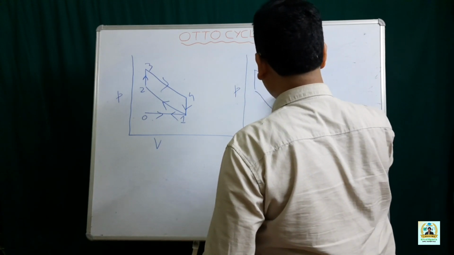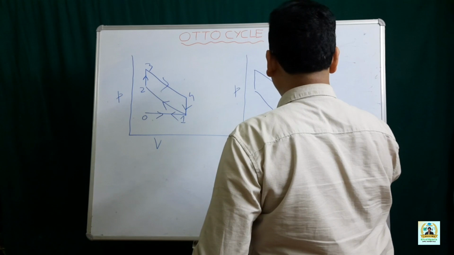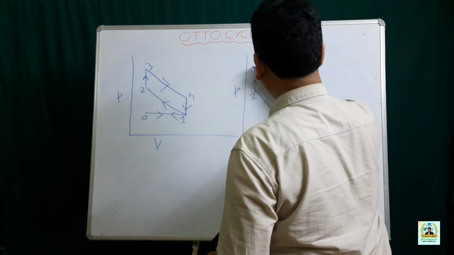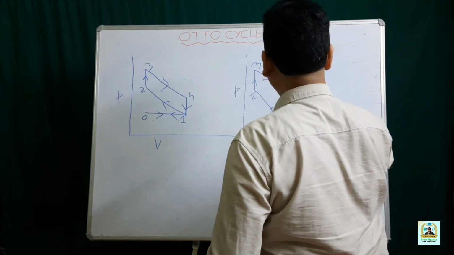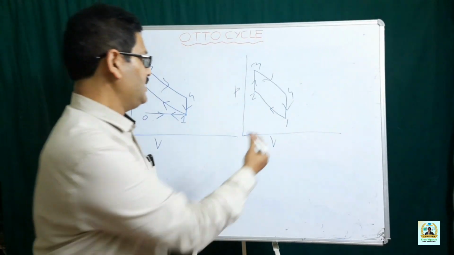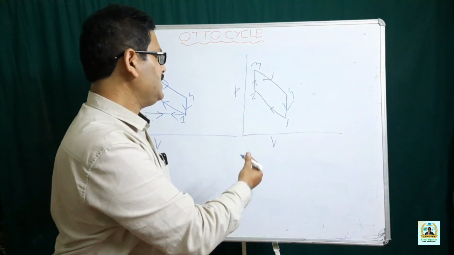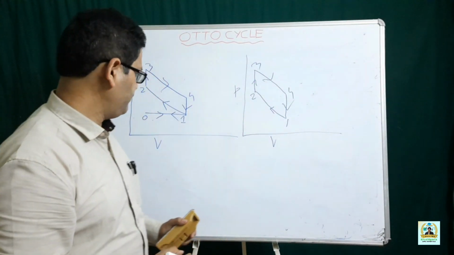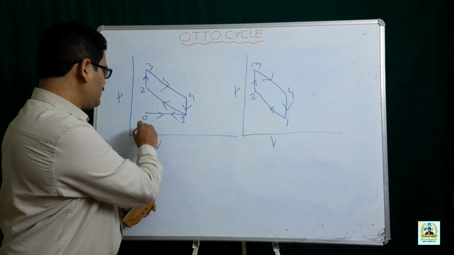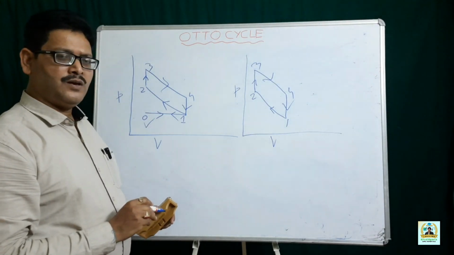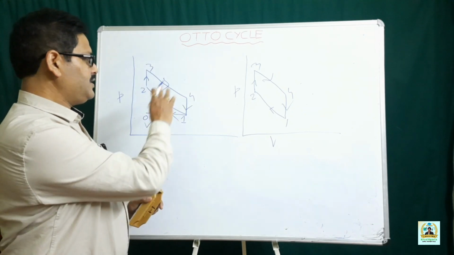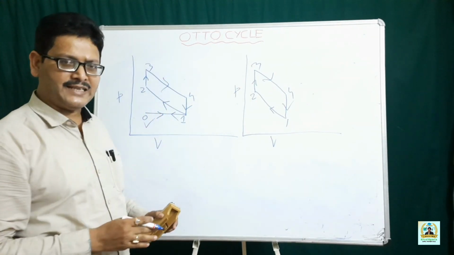You can see the different processes, 1, 2, then 3, then 4. So the different thermodynamic processes are 1-2, 2-3, 3-4, 4-1. Deliberately I have introduced point 0 so that there will be no confusion when you compare the thermodynamic cycle with the mechanical cycle.